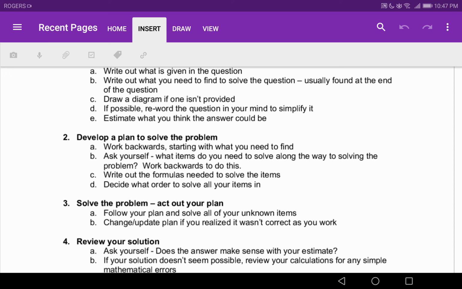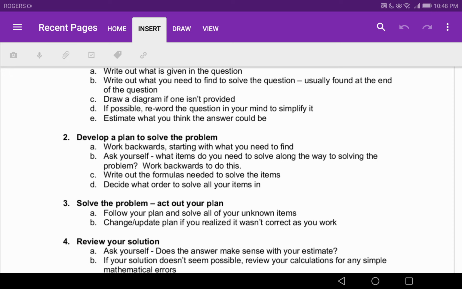That's always a good idea to help you understand. And then lastly, estimate what you think the answer could be. Estimating what you believe the answer could be is an important step, because at the very end, we're going to reflect on our answer. Once we come up with an answer, we're going to compare it to our estimation. You may have no clue what your estimate might be, but do your best to ballpark it, even if you have absolutely no clue.